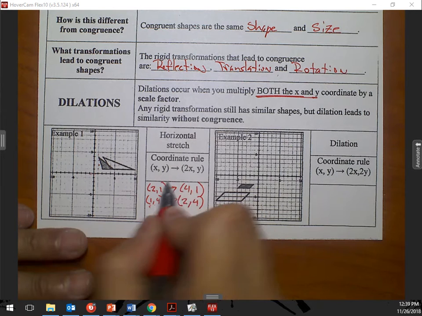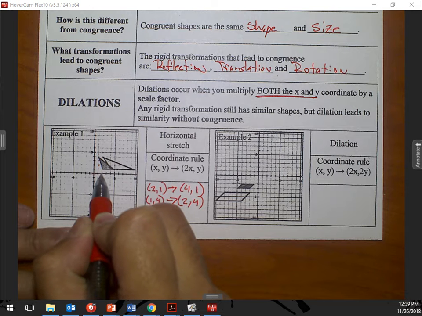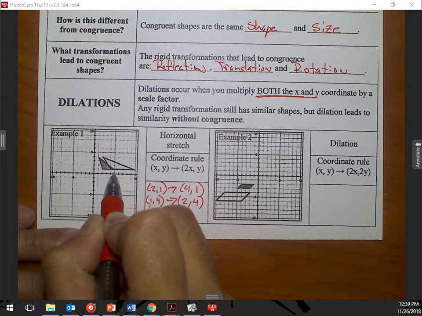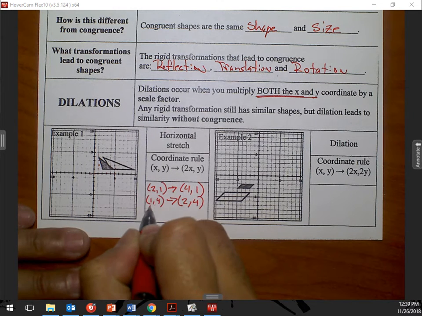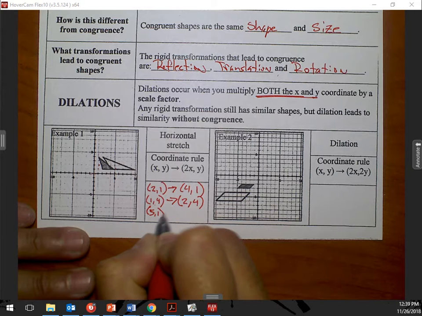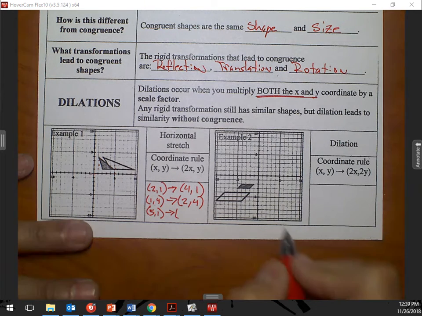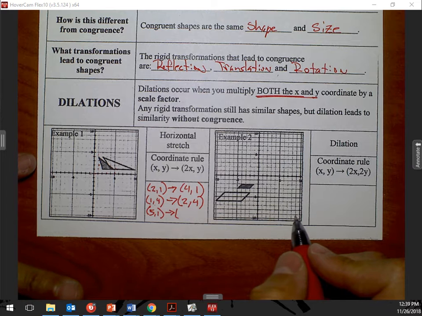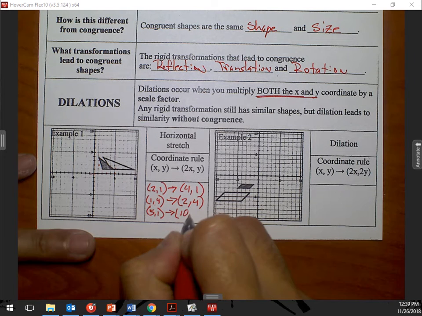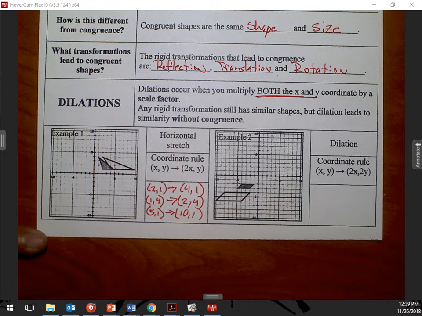And the next one is going to be over 5, up 1. 5 comma 1. What's that going to turn into? 10 comma 1. You just multiply it by 2.